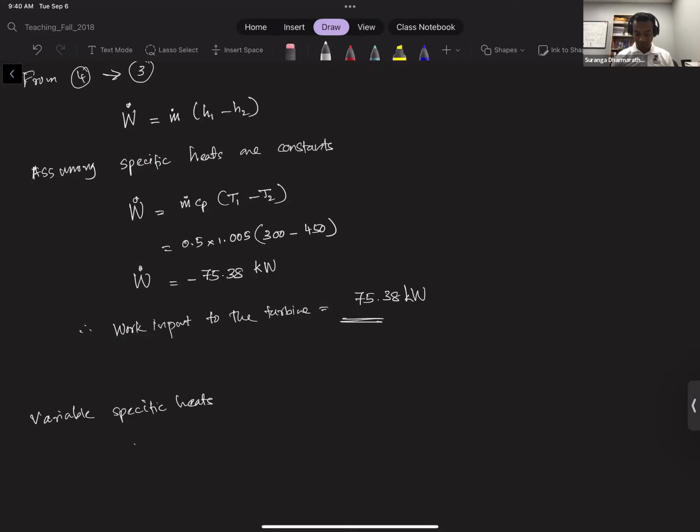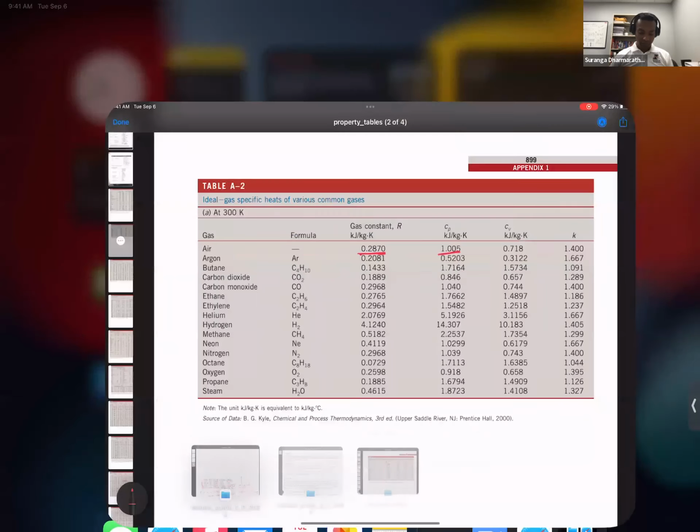So m dot is 0.5. Let's look up h1. From table A16, remember h1 at 300 K. If you know the temperature, you can find the value.